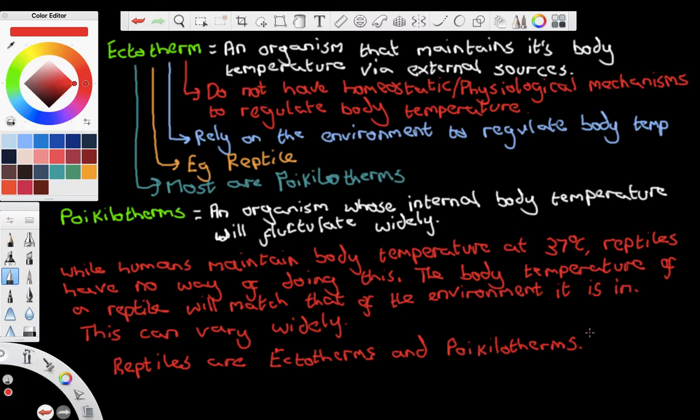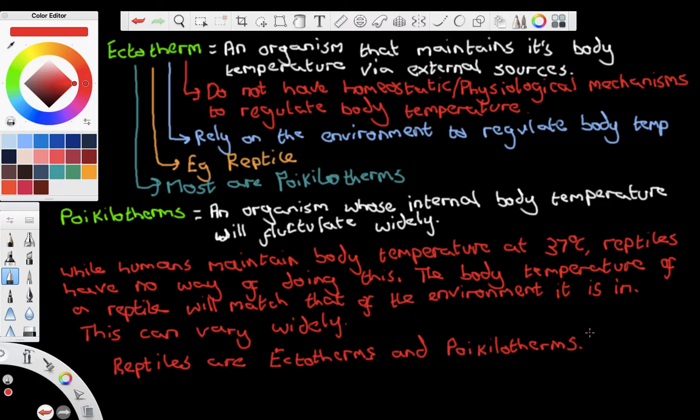So an ectotherm is an organism that maintains its body temperature via external sources, so it can't do it itself, it can't do it via homeostasis, therefore it relies on the environment to regulate its body temperature. Examples of ectotherms are reptiles. Most ectotherms are also poikilotherms.